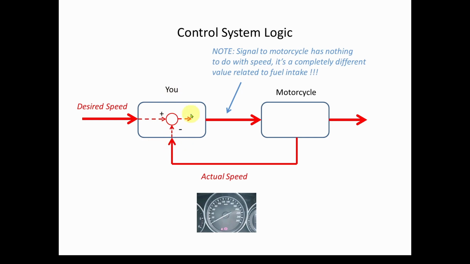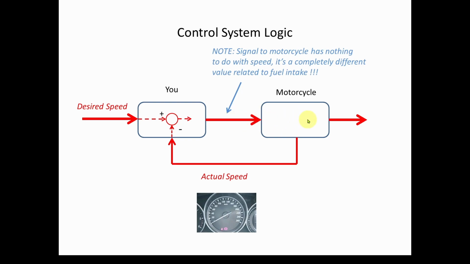So you have to decide, based on that error, how much fuel intake we need for the motorcycle. If I'm going 0 and I want to go 60, I know intuitively I've got to slam that valve and open the fuel valve to put maximum fuel in. Now, that doesn't tell the motorcycle to go 60 miles an hour.